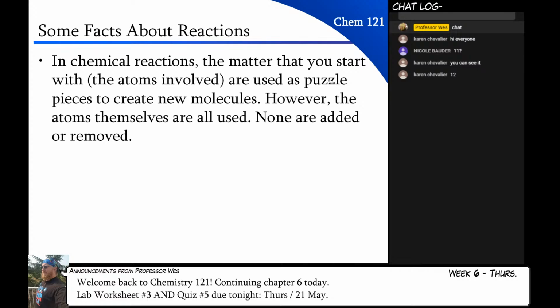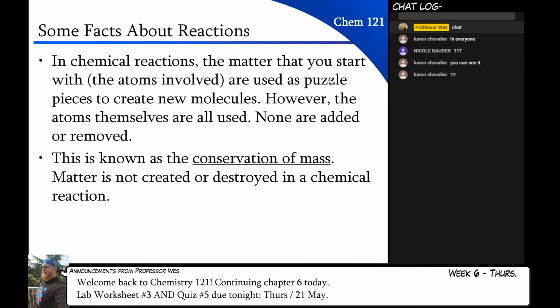All right. Now, this property that we just mentioned earlier, the conservation of mass, is an observation that we make for all chemical reactions. You cannot create or destroy matter. So whenever you do your reaction, make sure that the number of things that are going into the reaction is the same as the number coming out.